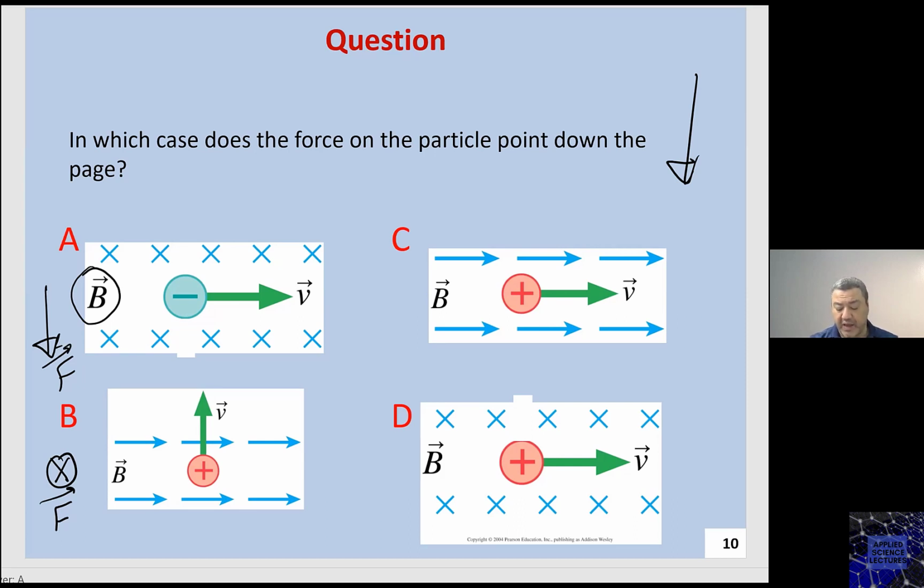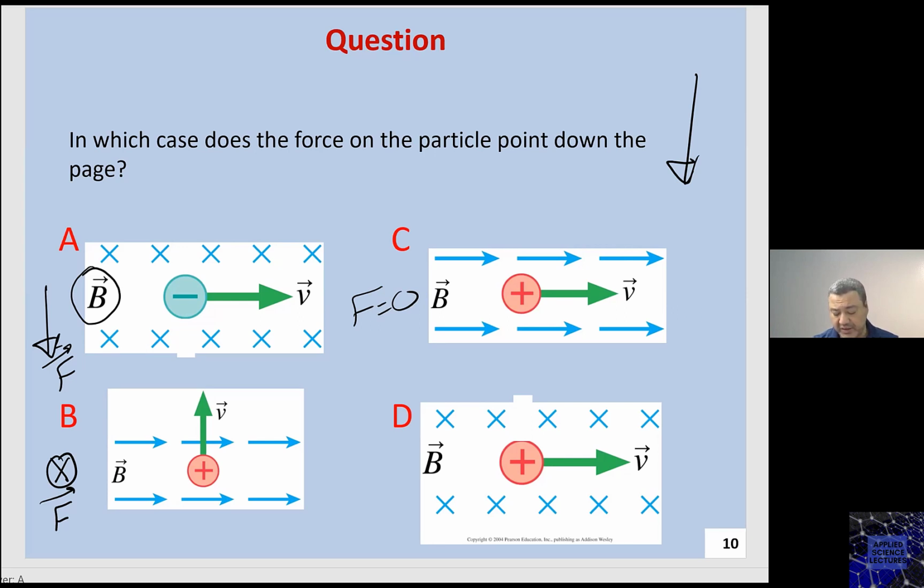Case C, I have a positive charge. Put the V into the index. Magnetic field is parallel to the V, which means F here is zero. Right away, once you see the velocity and the magnetic field parallel or anti-parallel, the force is going to be zero.